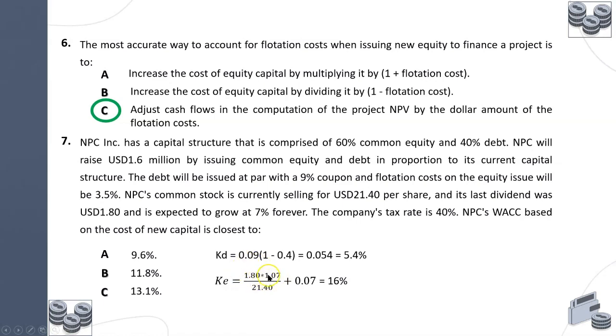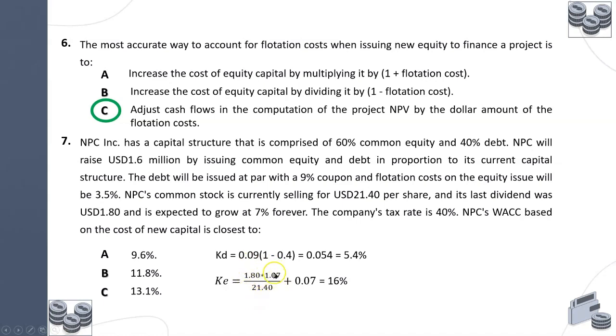So the company is going to pay this much as dividend, which is 1.8 times 1.07. We'll get some figure close to $2. I didn't calculate that. So this is the dividend I'm going to receive, divided by the price I'm going to pay today. That will be the yield for the shareholder. That yield is the cost of capital to the company.